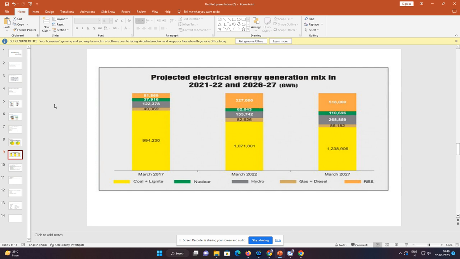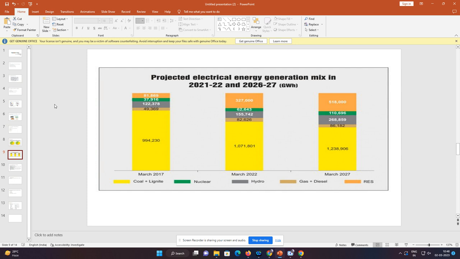Coming to emerging systems, the report mentioned technology that has been implemented in other parts of the world and using it to support Indian energy growth.